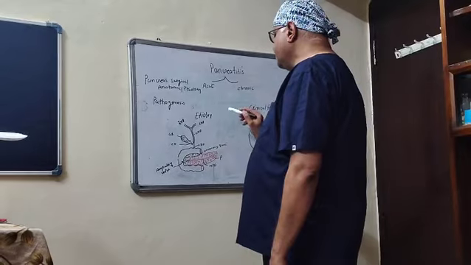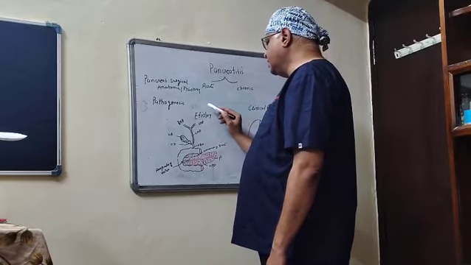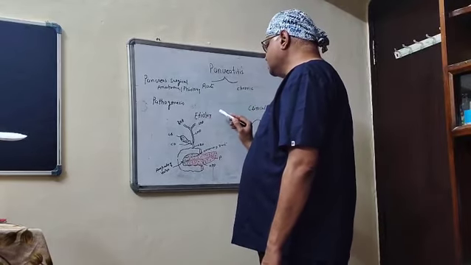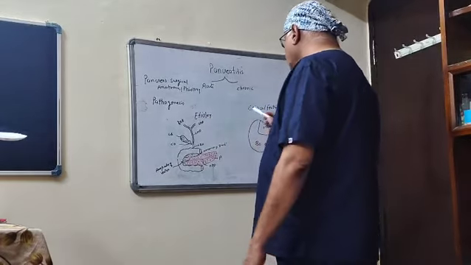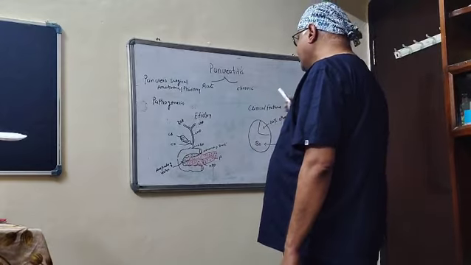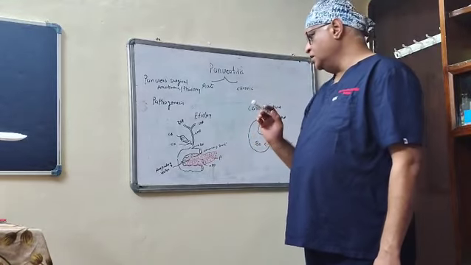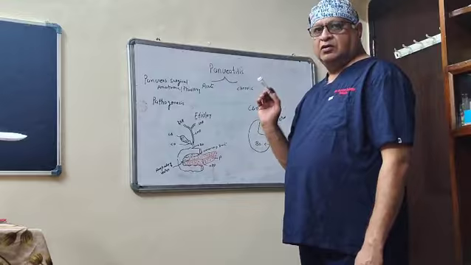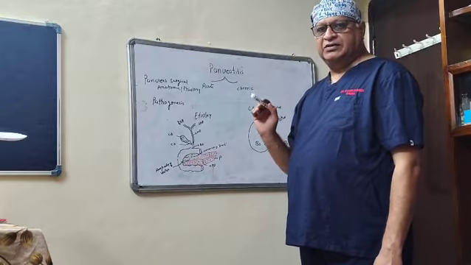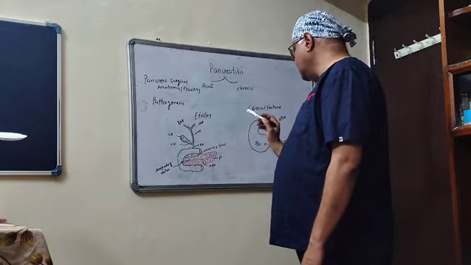Now we are briefly describing the causes of pancreatitis, the etiology. Major causes of inflammation of the pancreas are gallstone disease or alcohol. 80% of causes of pancreatitis are either alcohol or gallstone.